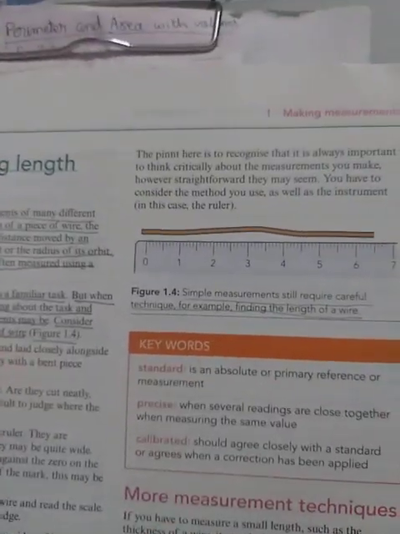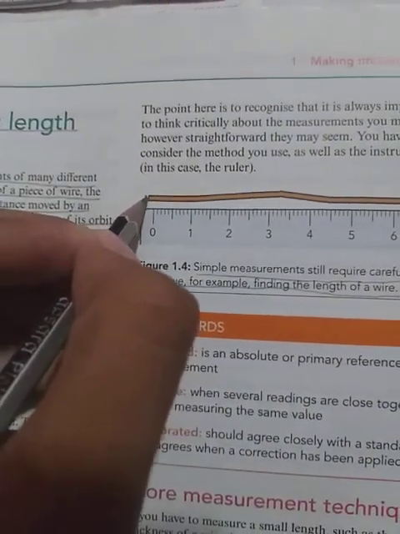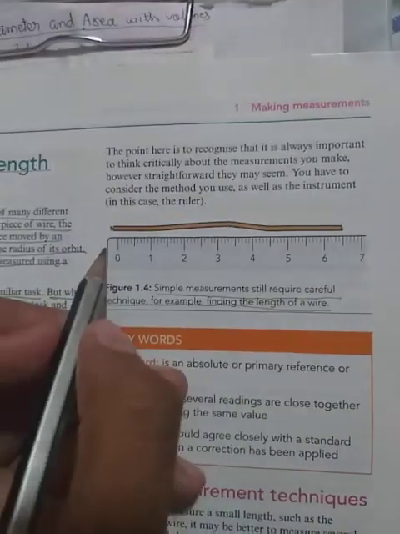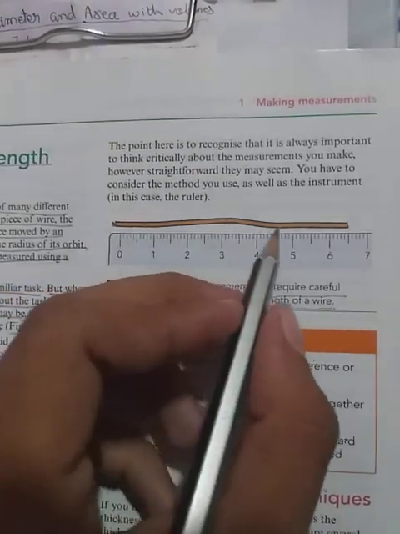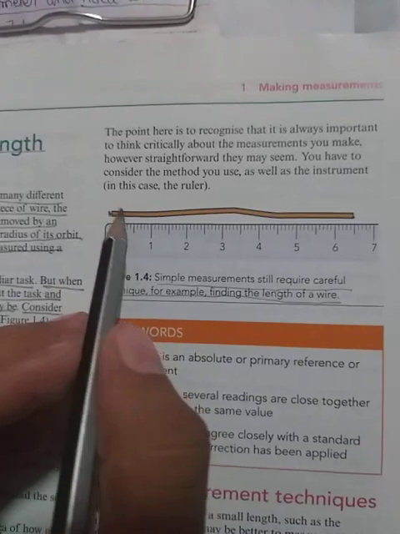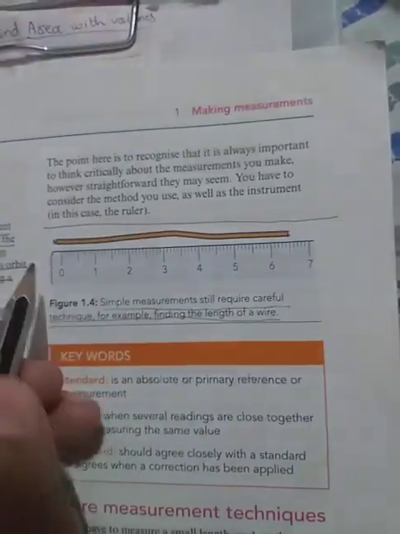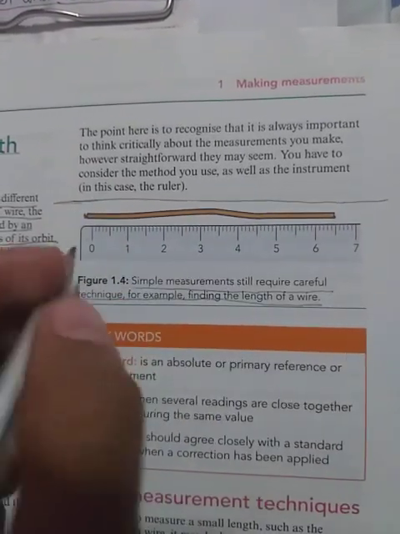We need to take a string and put it along the wire, from here to here. Let me draw it. This is the length of the string. Take one bigger than the piece of wire, of course.